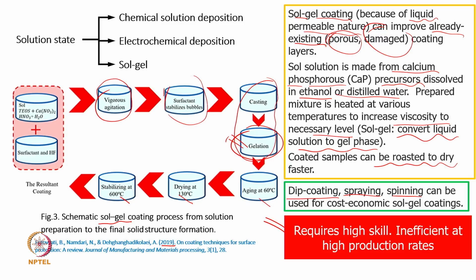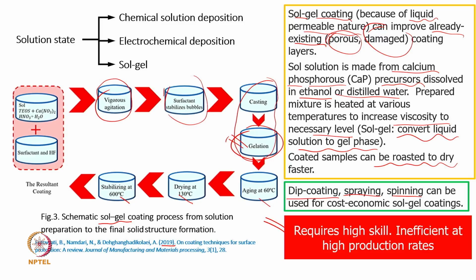You need to dip it for some time, remove it and keep it in the environment for some time, then again dip it, again remove it, and give time for solidification of the liquid on the surface. So, it is an iterative procedure, and a person with high skills can do a better job compared to the method itself.